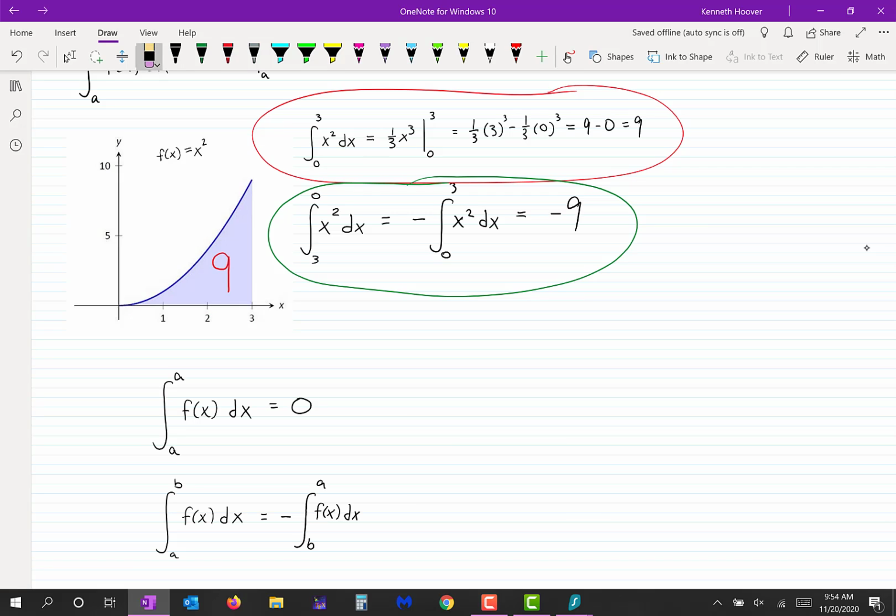The one I circled in green is the area under x squared from 3 to 0. So that's looking backwards. You would say there's 9 square units behind me, which is theoretically the same as saying negative 9 square units in front of me. Does that kind of make sense?